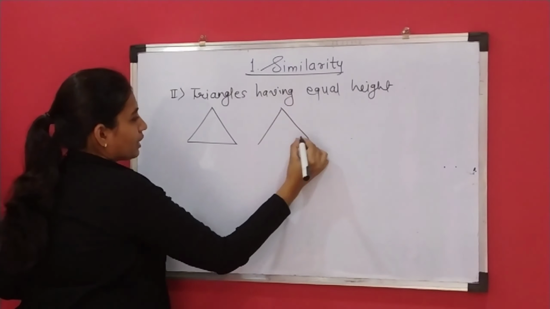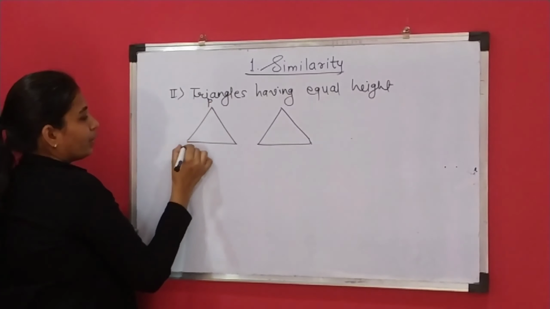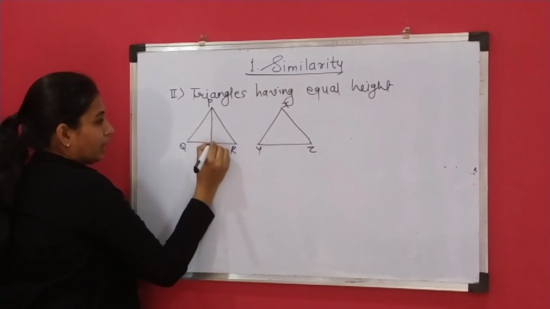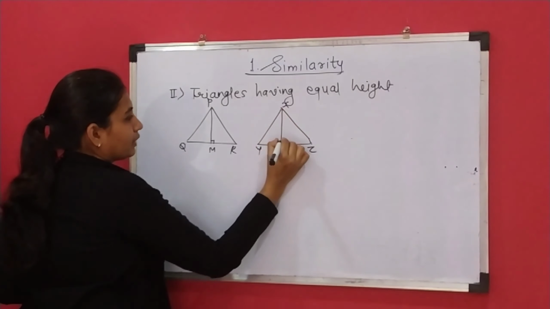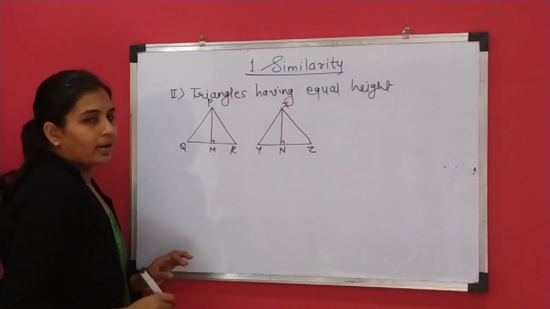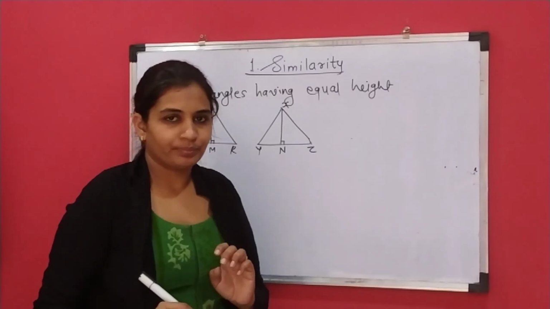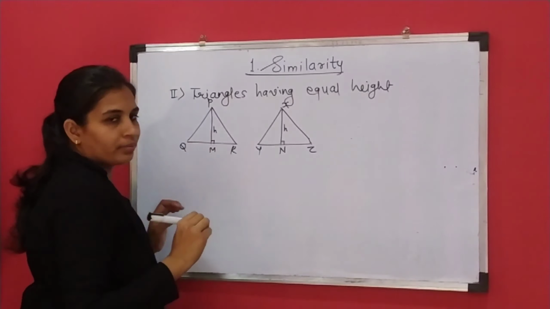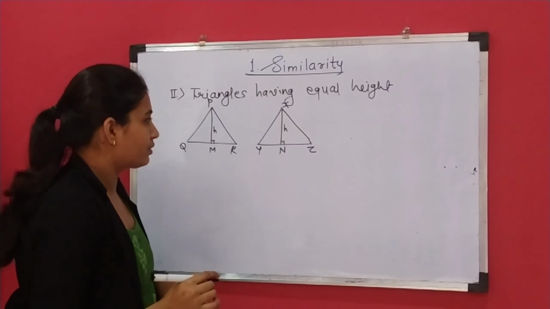Suppose that the triangles are PQR and XYZ respectively, and PM and XN are their corresponding heights. Here the height can be taken as h because it is equal for both triangles.